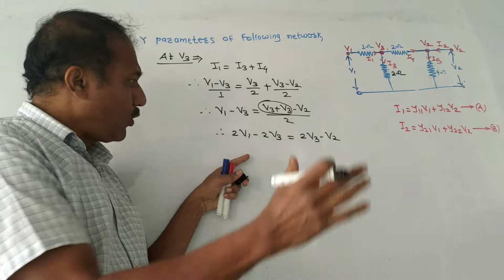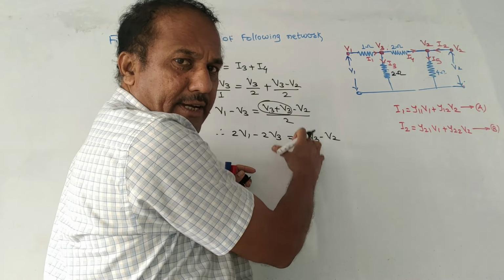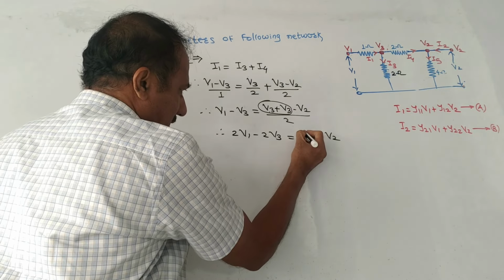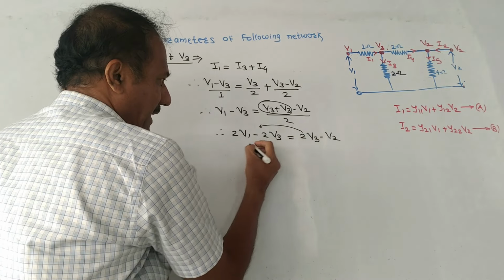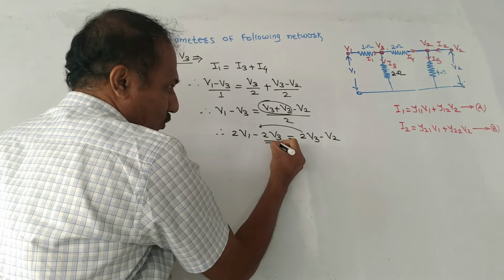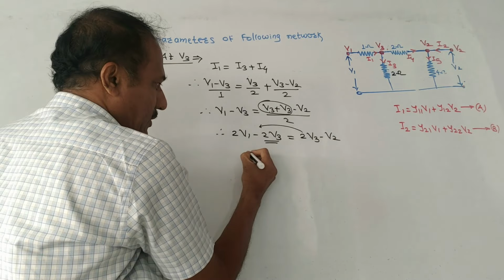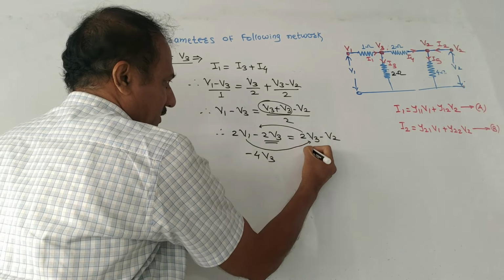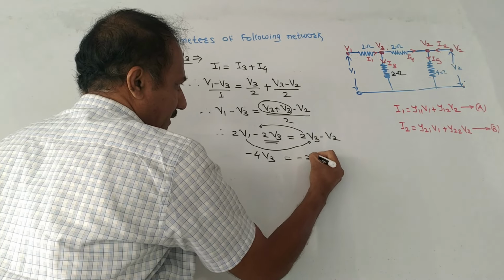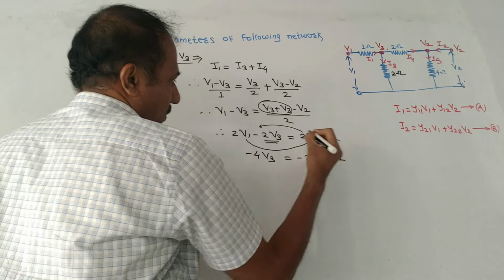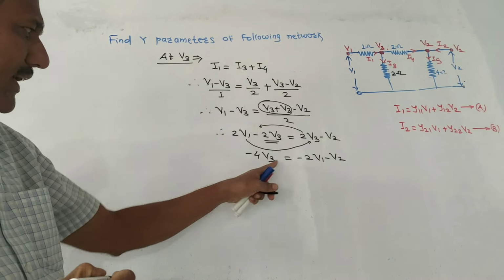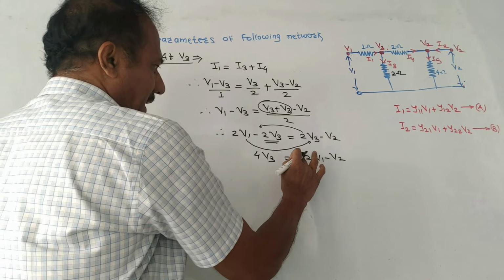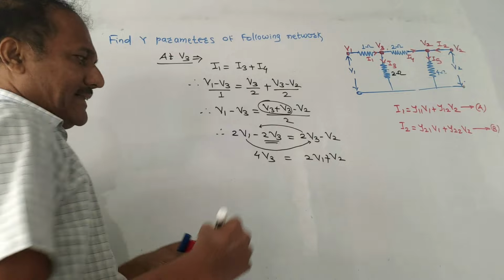What is our aim? We have to obtain the equation of V3 in terms of V1 and V2. So this term V3 will be transferred to the LHS. Already there is minus 2V3. This becomes minus, so it becomes minus 4V3. This V1 I will transfer to the RHS, equal to minus 2V1 minus V2. Now on both sides we have a negative sign, so the entire term can be written with a plus sign.